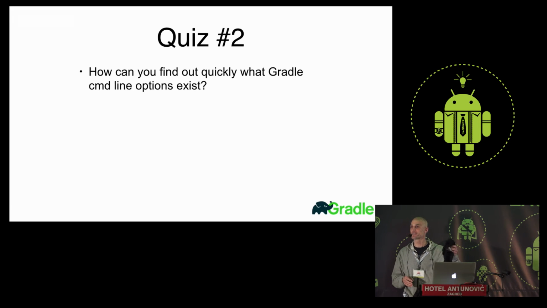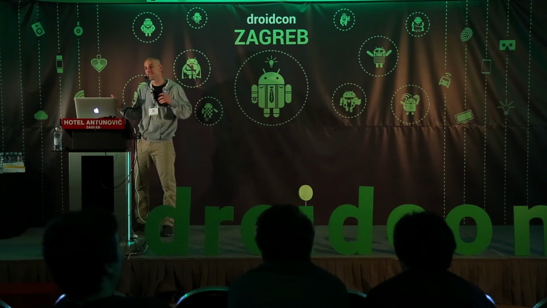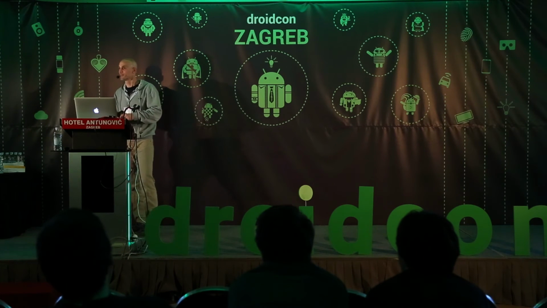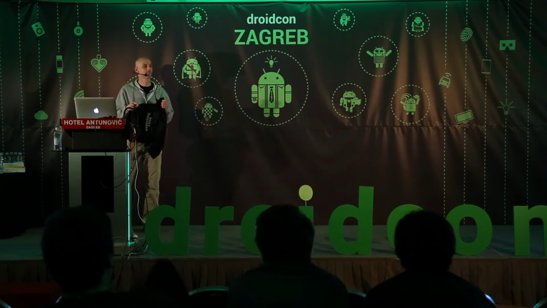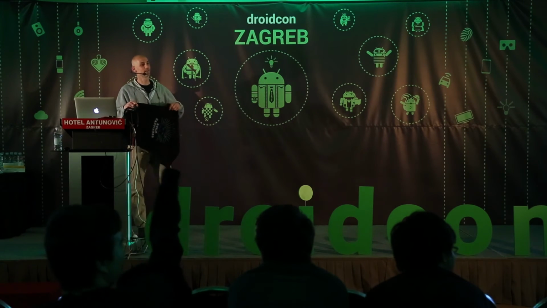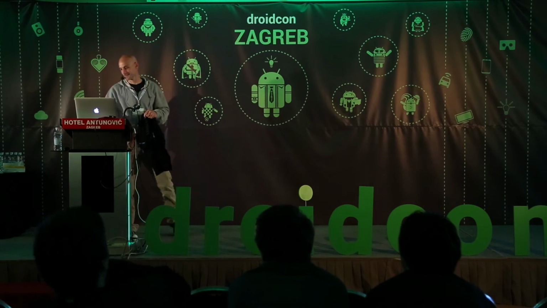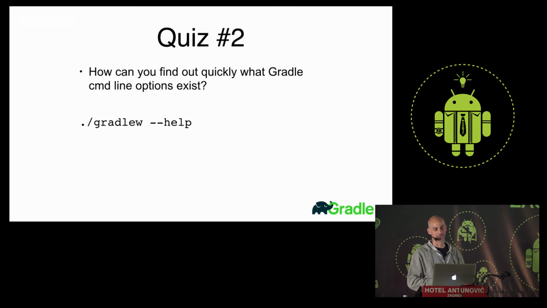So you didn't know the answer, but next time you want to know. What do you do to find out more about what you can do from the command line? Run help? Yes. Okay.